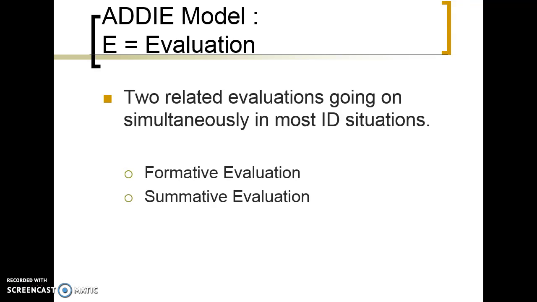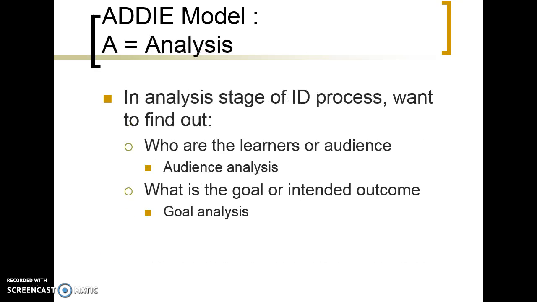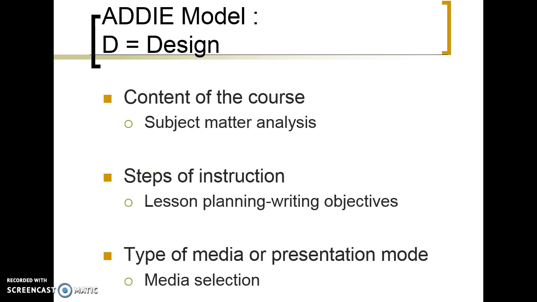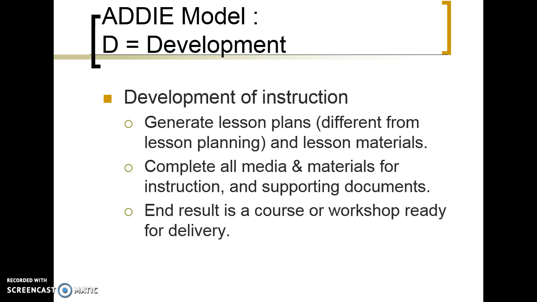And for you guys, if you wanted to go through that cycle yourselves for your projects, you could go back to analysis and say who you think your learners are and what your goals are in terms of what you want to teach them, and then break those down into learning outcomes and say, on completion of this lesson, the students will be able to do X, Y, Z. And in terms of design, look at the content and look at various potential media or presentation approaches. Again, if you want to use a morphology matrix, good for you.